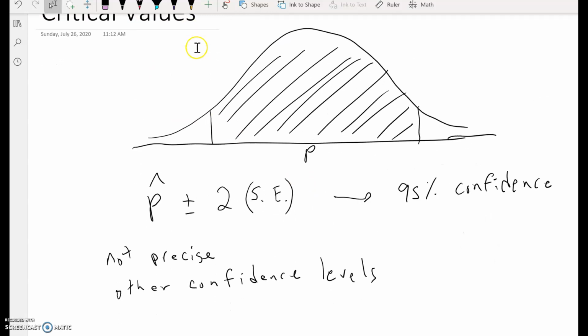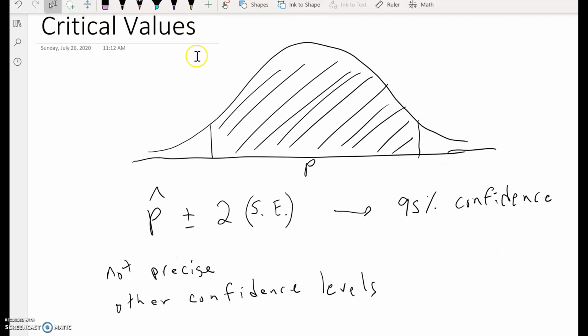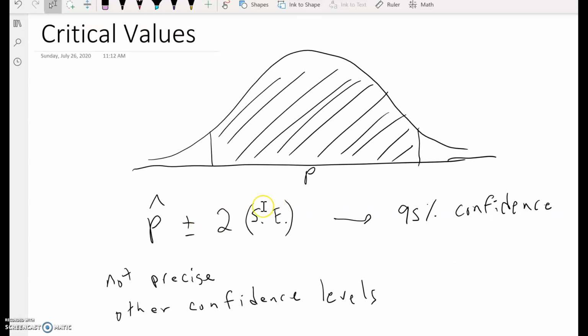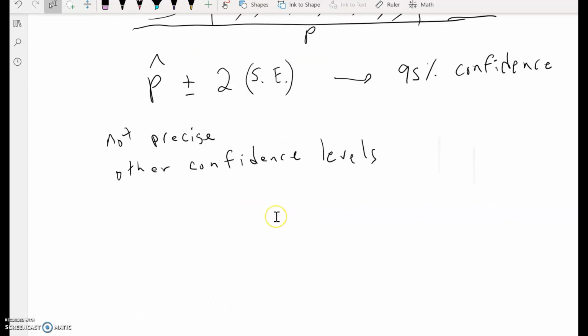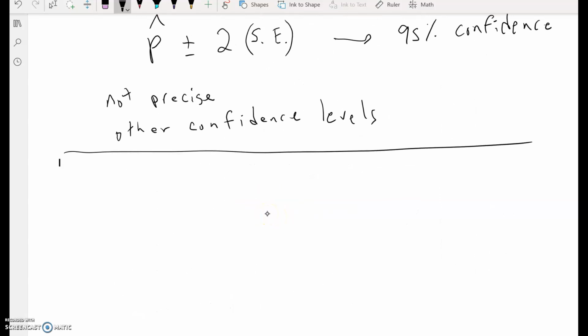All right, so for example, let's say you want to go out 3 standard errors because you want to be 99.7% confident.